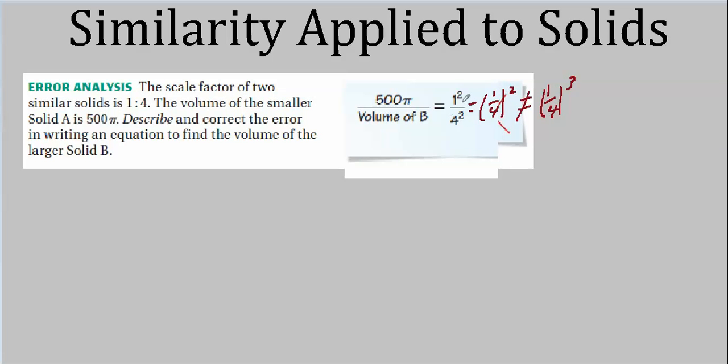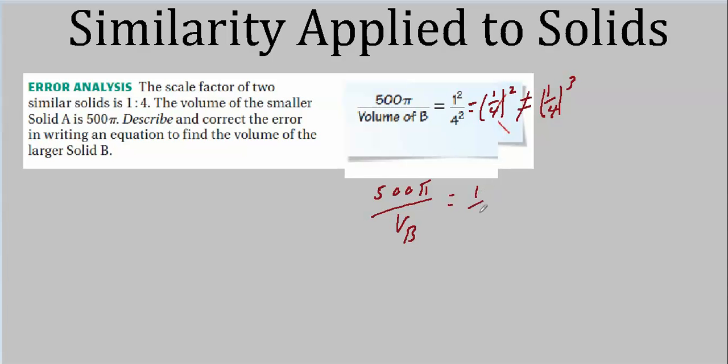If the scale factor was 1, by the way, if it's 1 to 1, then it doesn't matter whether you're talking about linear measurements, area, or volume, because 1 squared, 1 cubed are all just equal to 1. But that's not the case here. So we should have written that 500 pi over V equals 1 over 4 cubed.